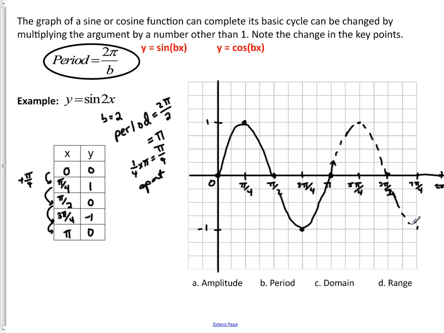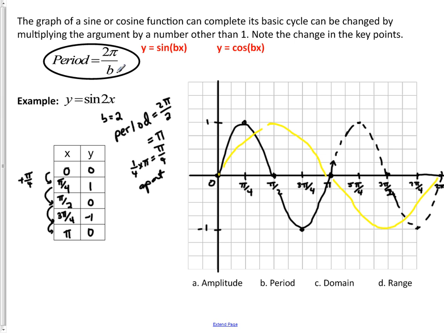So that 2 in front of the x, maybe another way of thinking about a period change, is that we're taking whatever the original sine function looked like, and instead of just getting 1 full cycle, we're getting 2 full cycles for the price of 1.